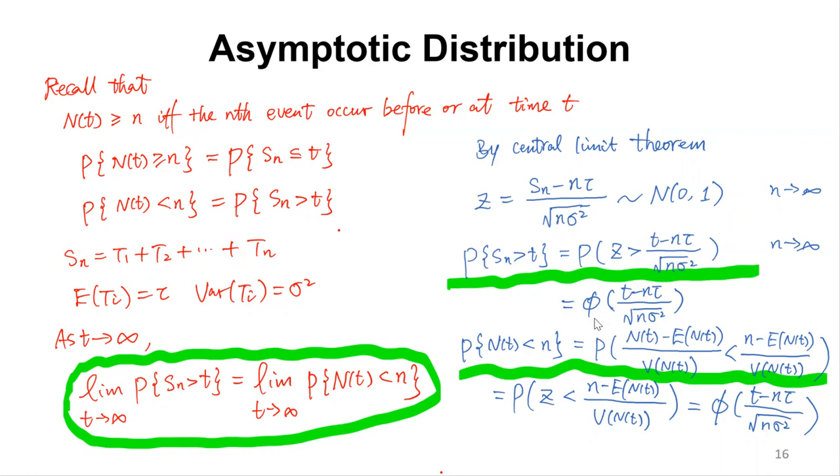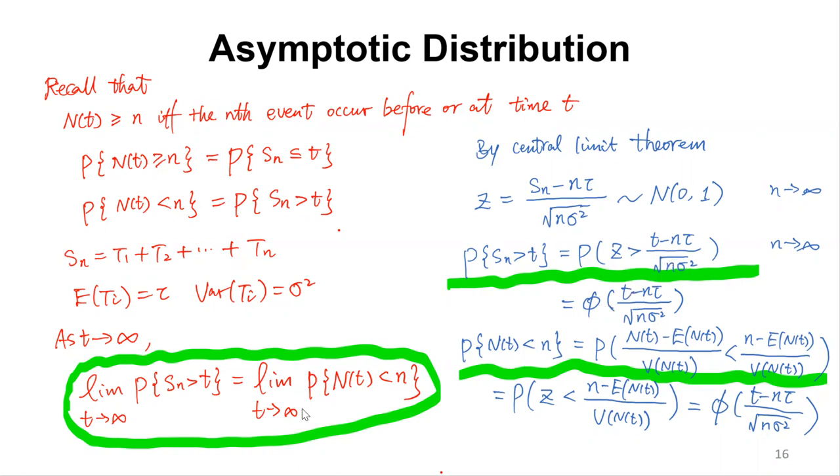So if we write it with phi, because this is a standard normal random variable, we can check the table to find the CDF function. This is the upper percentile, so this is the upper tail, not the lower tail. And this becomes phi of this value.